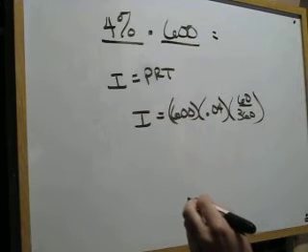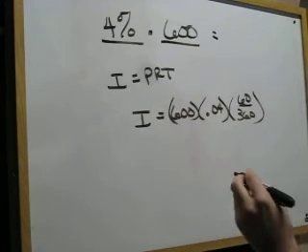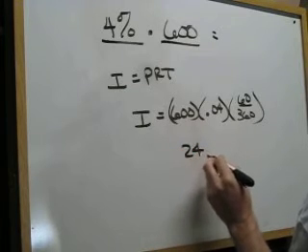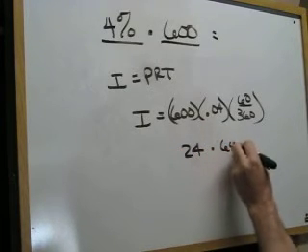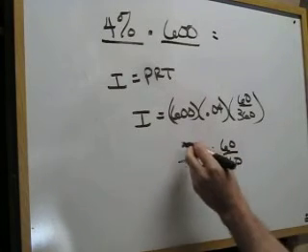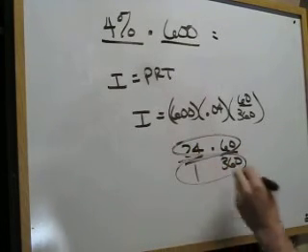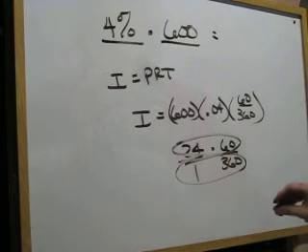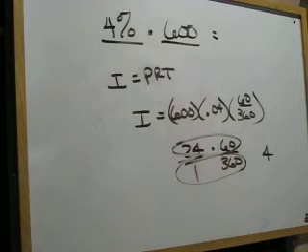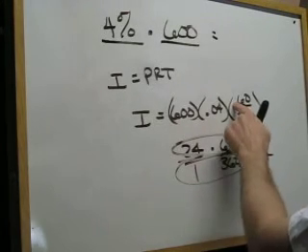Well, let's look at 600 times 0.04. That would be 24 times 60 over 360. Remember, this is 24 over 1, so we multiply the top, multiply the bottom, and then we divide, and we end up with 4. So that's how much interest she has paid over the course of 60 days.